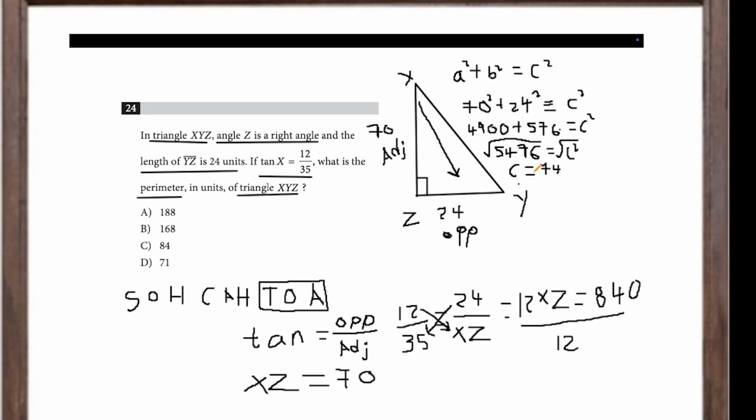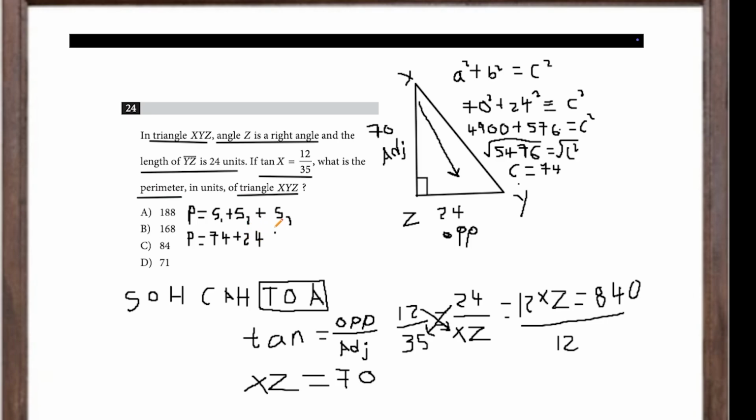So now we know that our hypotenuse is 74. We have all three sides. So now we need to find our perimeter. So the equation for our perimeter is side 1 plus side 2 plus side 3. So now we're going to input our sides. So we have P is equal to side 1, we're going to have as 74. Side 2, we're going to have as 24.